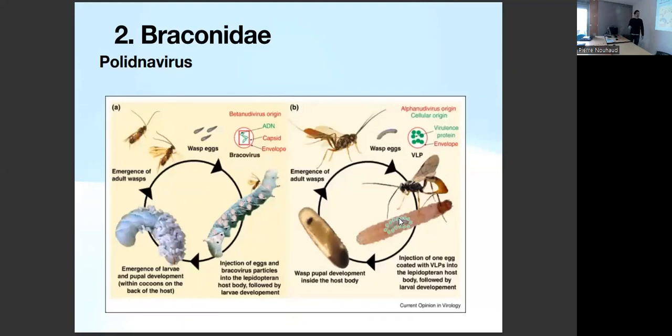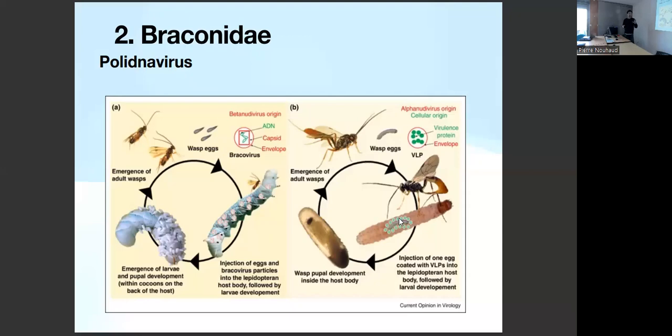And one really, really interesting thing about the parasitoids is that in the braconids and ichneumonids, they have this domestication of viruses. Some groups of braconids and some groups of ichneumonids have viral genomes integrated into the wasp's genome, and the viruses lost the capacity of reproducing by themselves, but they can still produce virulence proteins, and these proteins are likely to help the parasitoid suppress the immune system of the hosts.